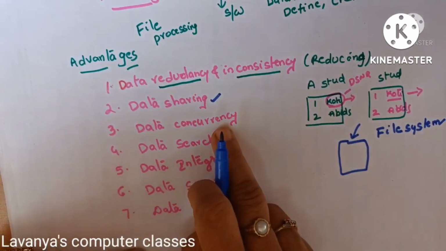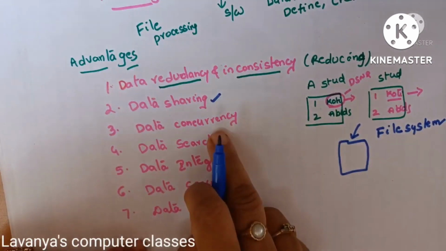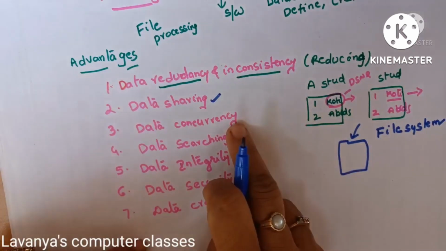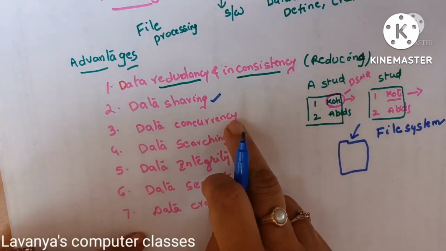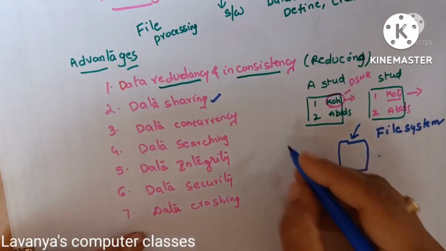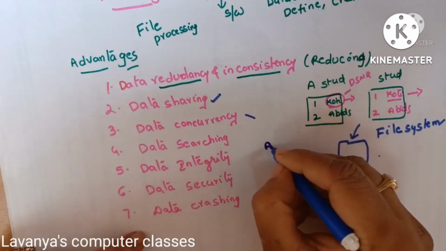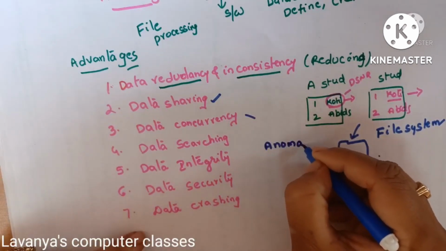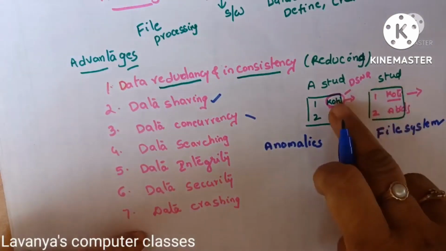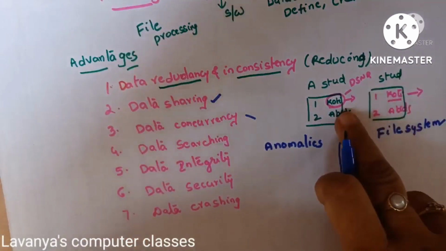Next one is data concurrency. What is data concurrency? Concurrency means a number of users use the same data at a time. Whenever a number of users use the same data at a time, some problems occur. Those problems are called anomalies.